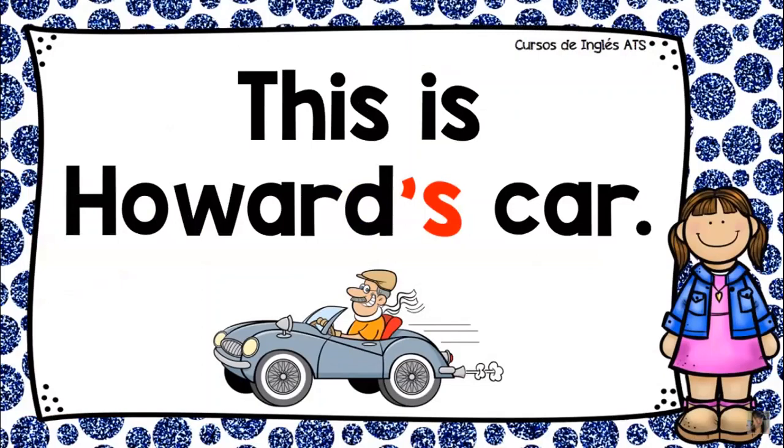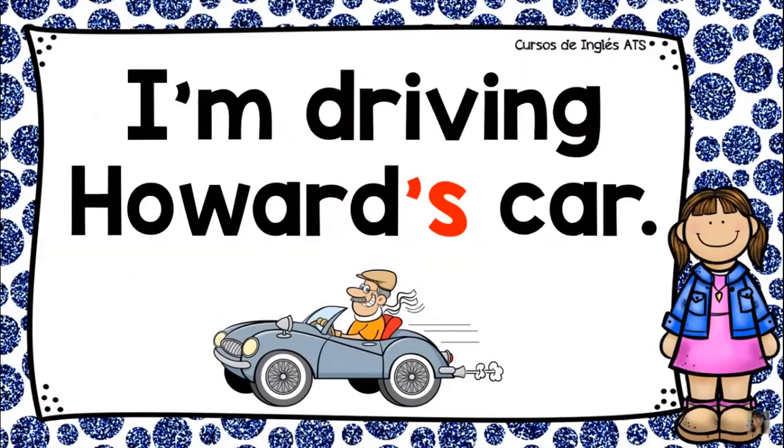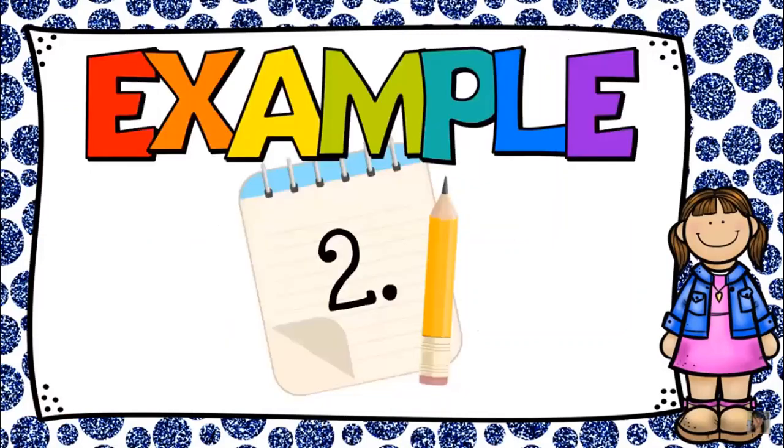This is Howard's car. Este es el carro de Howard. Howard's car is gray. El carro de Howard es gris. Hablando en tiempo gramatical presente simple. I'm driving Howard's car. Estoy conduciendo el carro de Howard. Hablando en el tiempo gramatical presente continuo, presente progresivo.